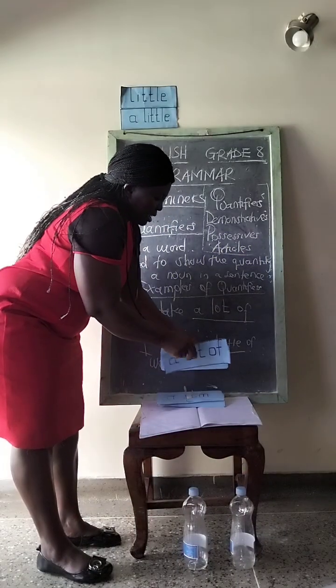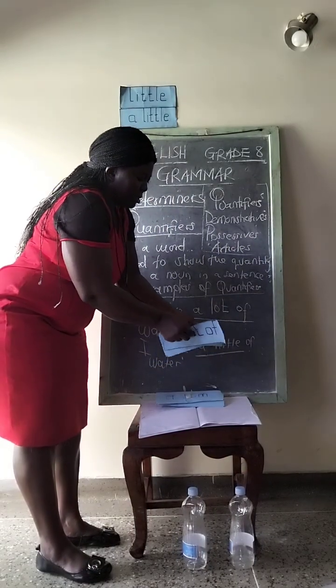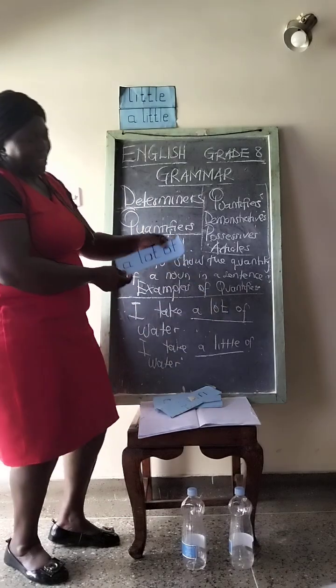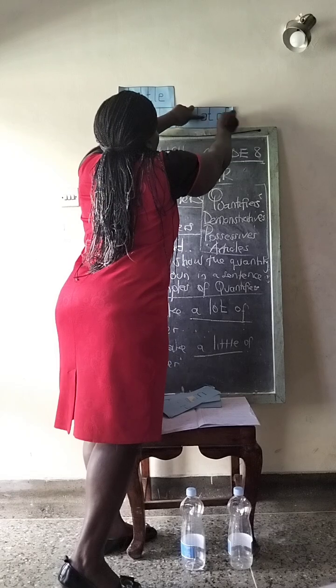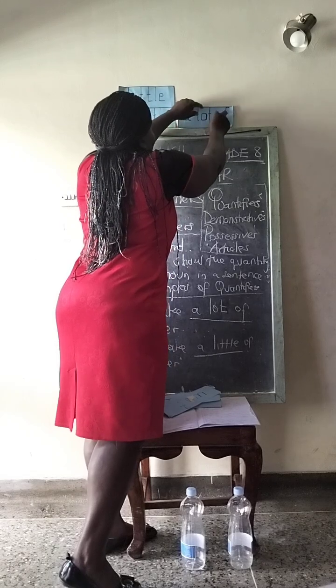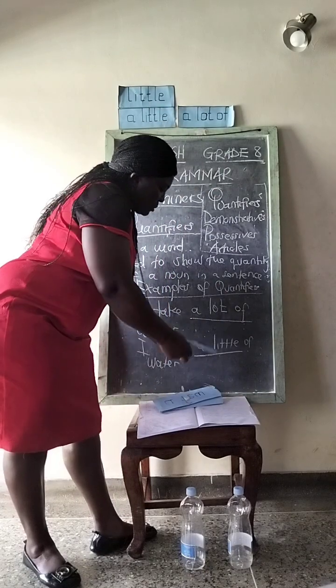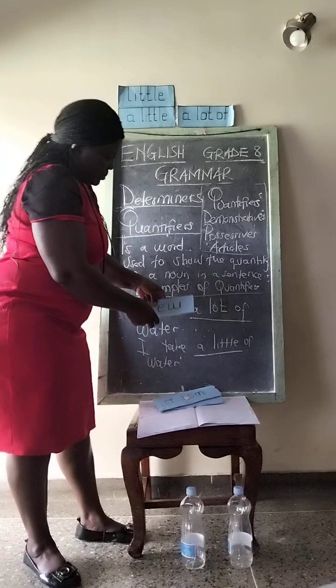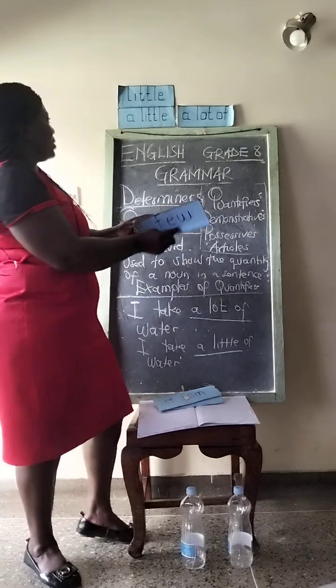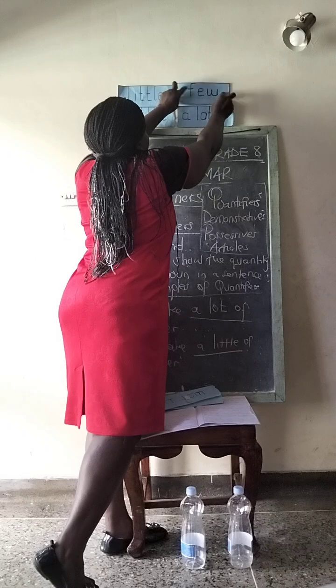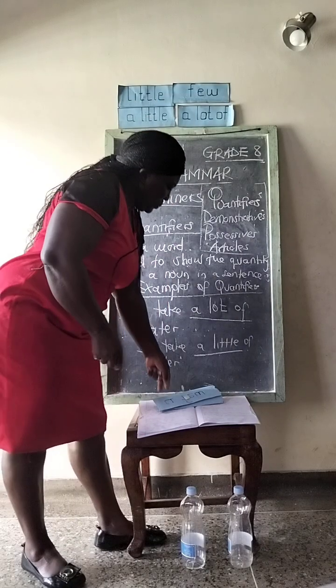Then look, I have the quantifier, a lot of. And I also have, we also read as well, few. I also have the quantifier, few.